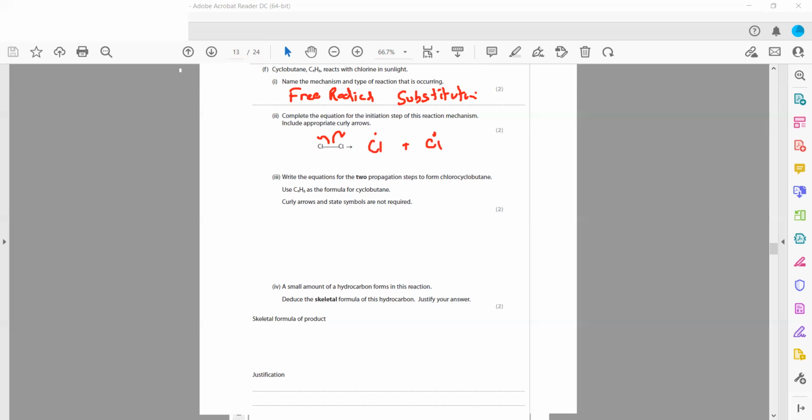So C4H8 plus a chlorine radical. As a result, what does it produce? It will produce a C4H7 radical plus HCl.